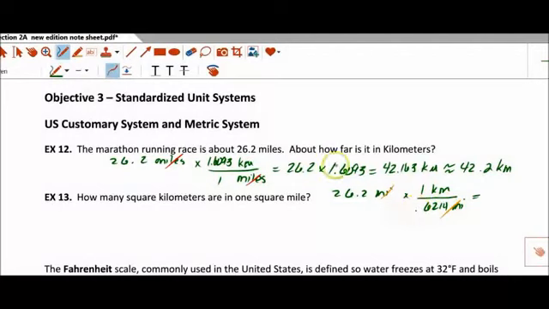I would have to, instead of multiplying 26.2 times that value here, divide 26.2 by the 0.6214. So very similar answer, 42.162, which is approximately 42.2 kilometers.